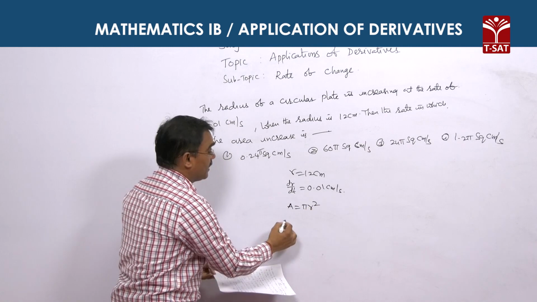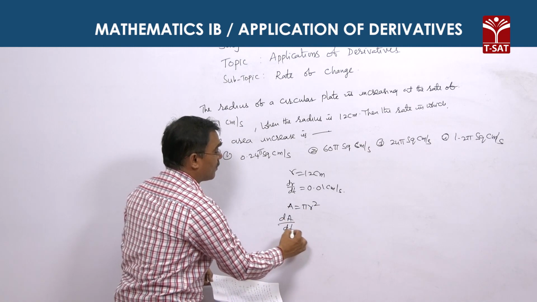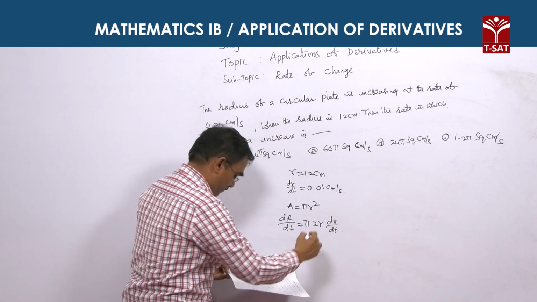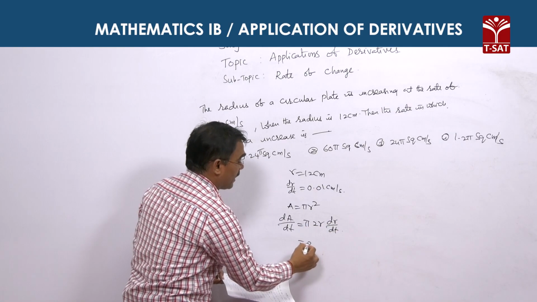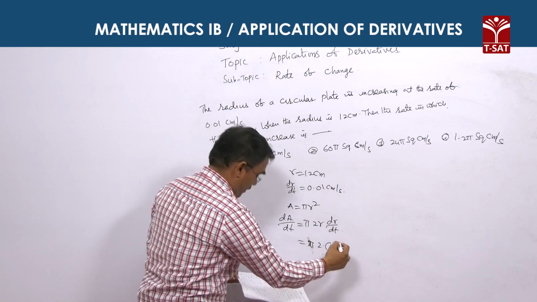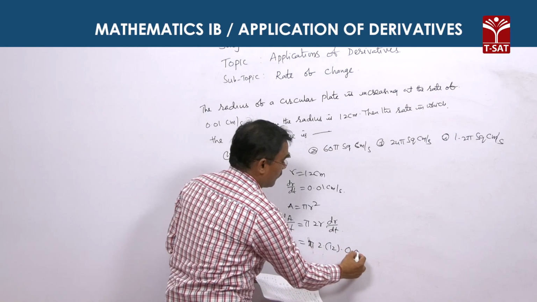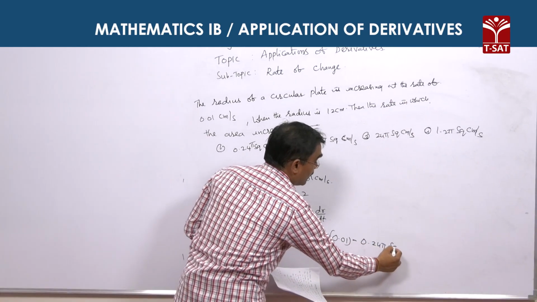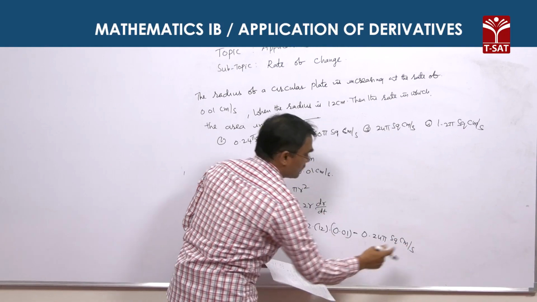The rate of change is dA by dt is equal to pi into 2r dr by dt. The value is pi into 2 into 12 into dr by dt, which is 0.01. Simplify, the value is 0.24 pi square centimeter per second.